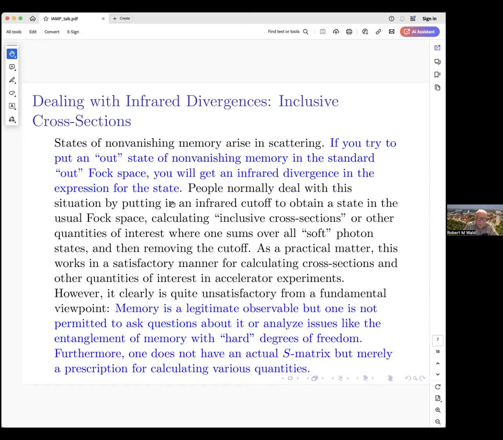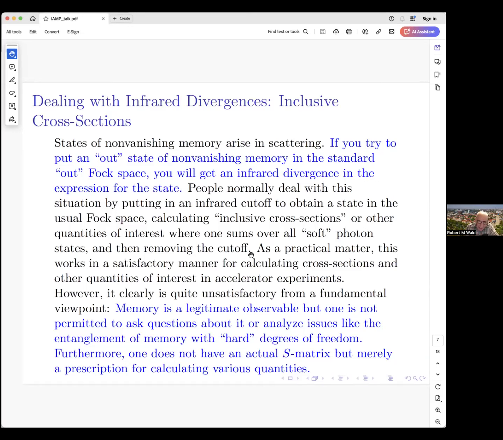So people normally deal with this by putting in some infrared cutoff at very low frequencies to get a state that's in the usual Fock space, then calculate inclusive cross sections where you sum over all the soft photon states that you have allowed with this cutoff that has been put in.